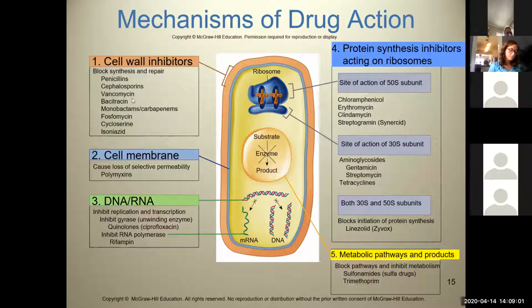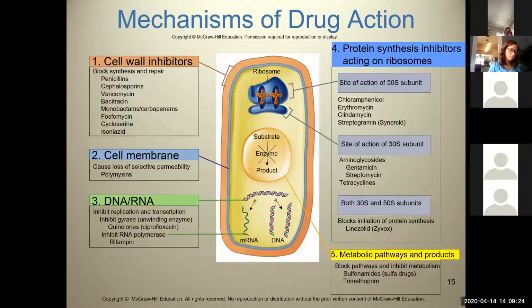They prevent the formation of the peptidoglycan in the cell wall. And so if you can't make more peptidoglycan, you can't reproduce as a cell, right? You can't undergo binary fission. So you basically nip the bacteria in the bud and it can't cause more problems. You're killing the cells, they can't reproduce.